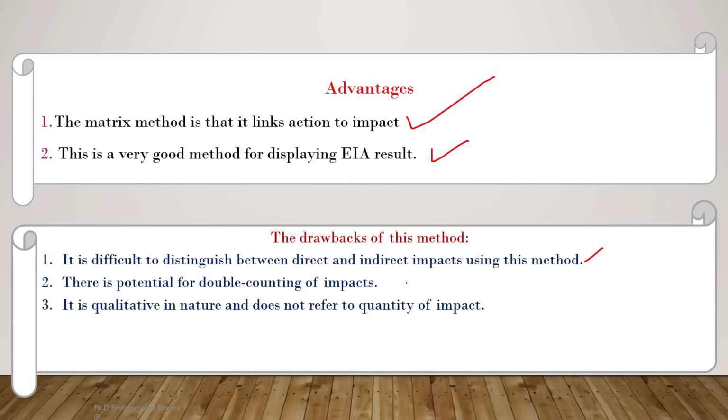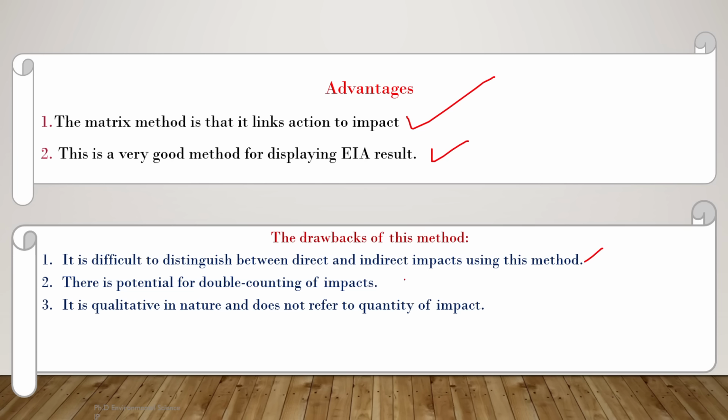So when this method cannot clearly differentiate between direct and indirect impacts, this can lead to confusion or an incomplete understanding of the full range of impacts. For example, a direct impact might be the clearing of vegetation leading to habitat loss, while an indirect impact might be the subsequent reduction in local biodiversity. The matrix might not clearly delineate these relationships.